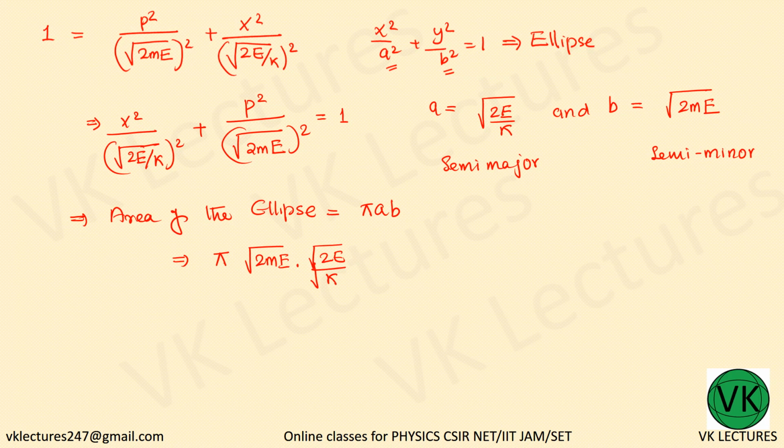So that's equal to pi times root of 2mE square divided by k, that's equal to pi root of 2m by k into E. So that's the area.